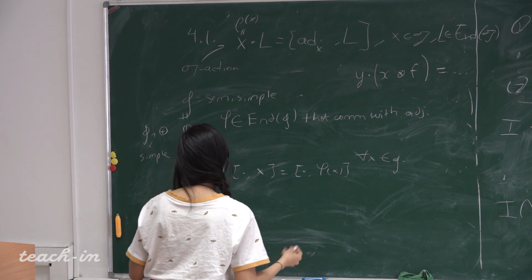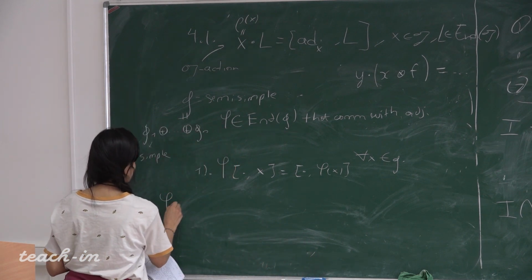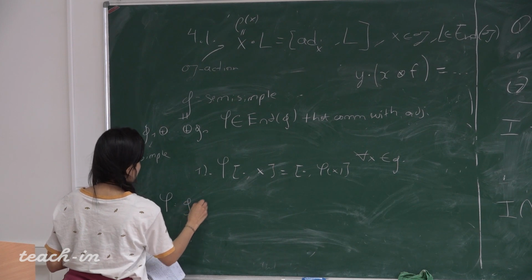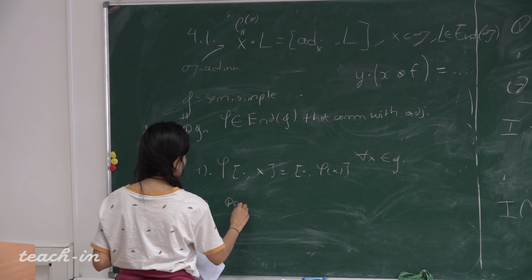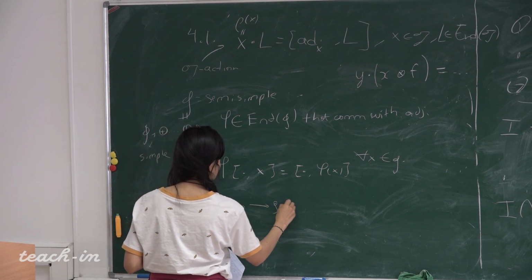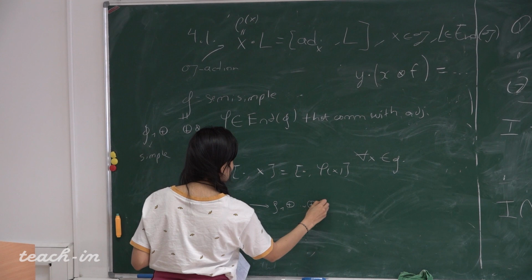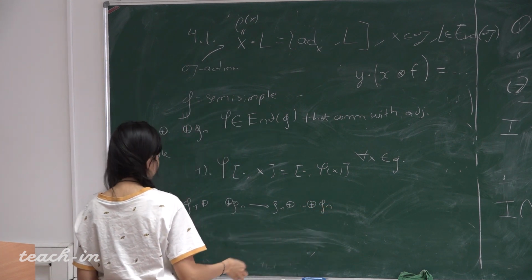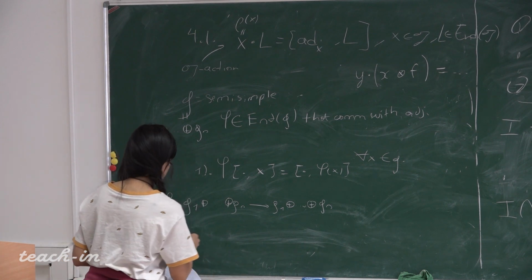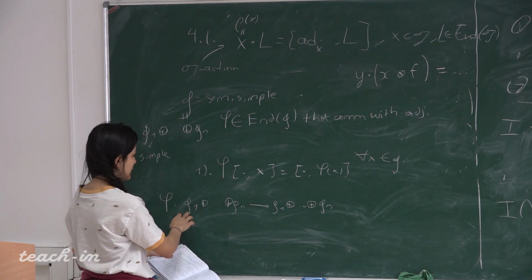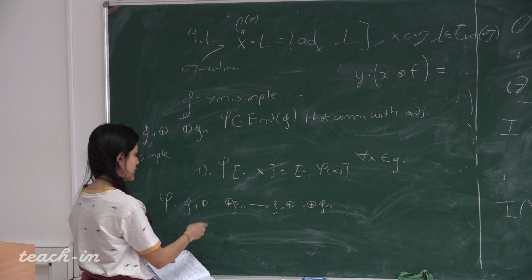Okay, this is going like this. So we can think about the restriction of this linear map in each simple component.